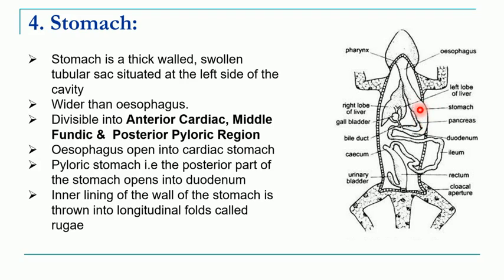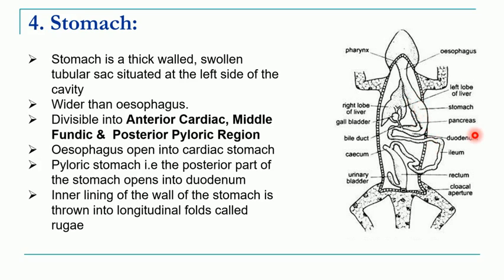Now this stomach, if you compare with the esophagus, is wider in diameter. So the diameter of the stomach is more than the esophagus. It is a thick-walled, muscular, swollen tube-like structure on the left side of the body cavity. Okay, it is situated on the left side of the body and divided into three parts: cardiac, which is the upper anterior region, the middle part is fundus or fundic, and the lower part is the pyloric region.